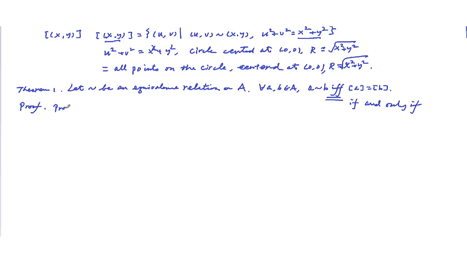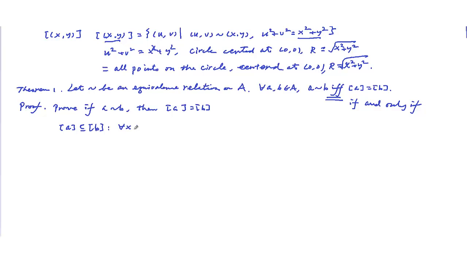First part, we need to prove if a is related to b, then class a equals class b. To prove two sets are equal, as we mentioned before, we need to prove that a is a subset of b, and then we will prove b is a subset of a as well. So first, let's prove a is a subset of b.